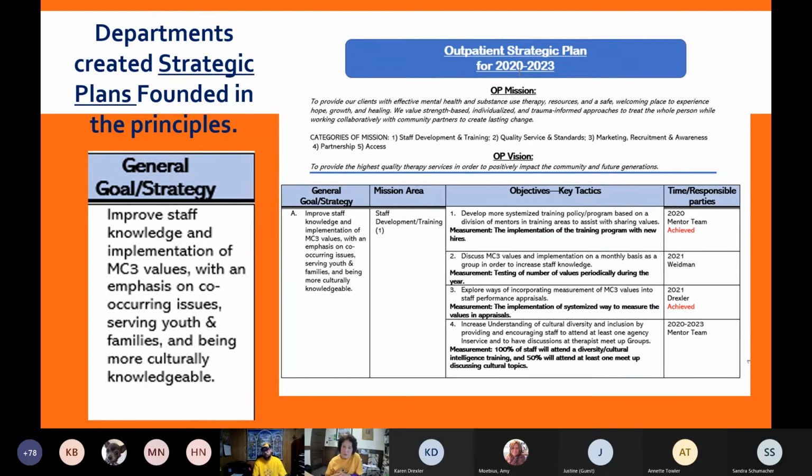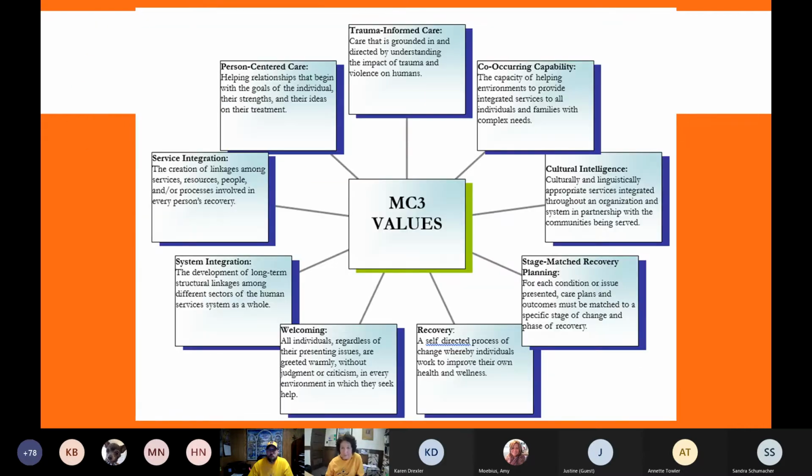So if you notice the outpatient strategic plan that is currently in progress, one of their goals is to improve staff knowledge and implementation of MC3 values with an emphasis on co-occurring issues, serving youth and families, and being more culturally knowledgeable. So that's something they are currently working on as a department as well. So kind of bringing it, as you see, full circle.